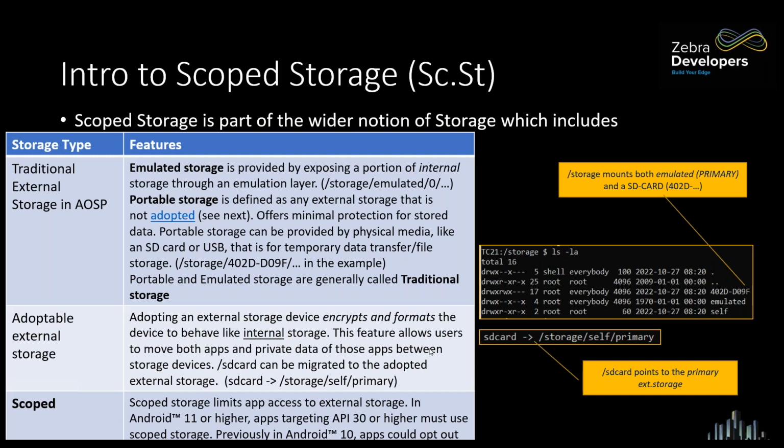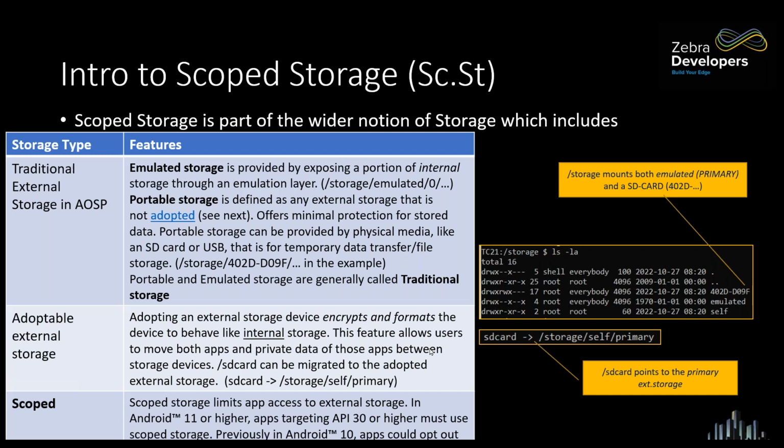With emulated storage, we mean a type of storage that is external but is exposed as a portion of the internal. So typically it's encrypted, and its path begins with /storage/emulated, and so on. The number 0 after that usually means it's a primary.